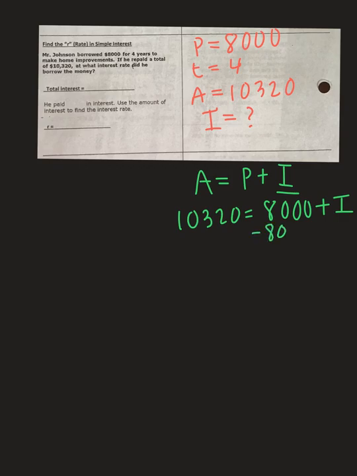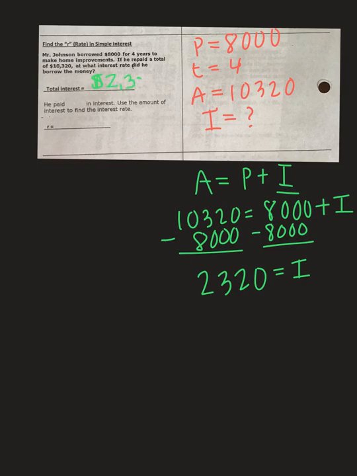So subtract 8,000 from both sides, and you should figure out that the interest was $2,320. So that was the first part of our problem.